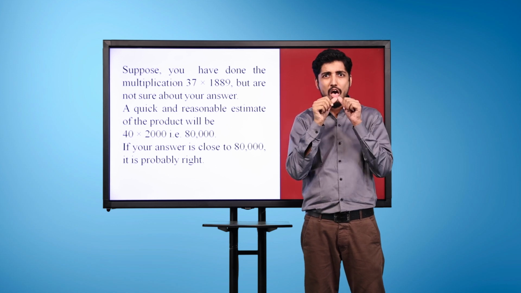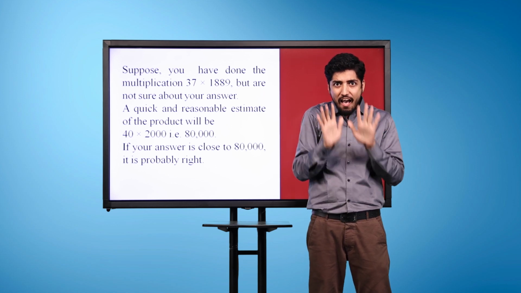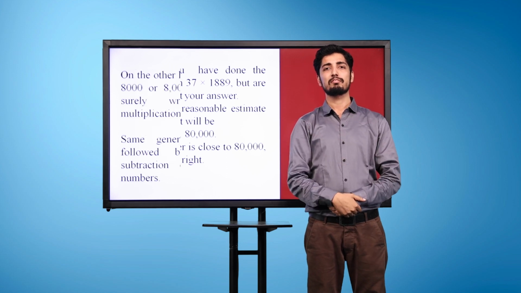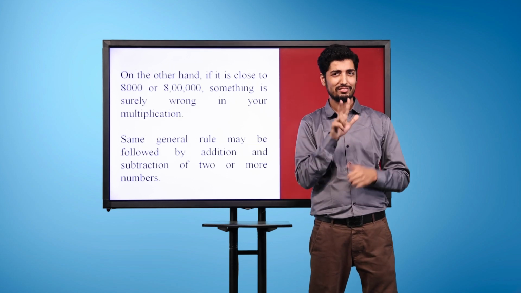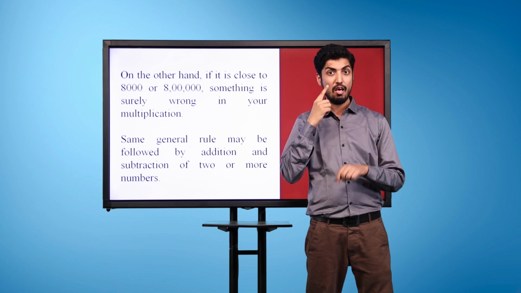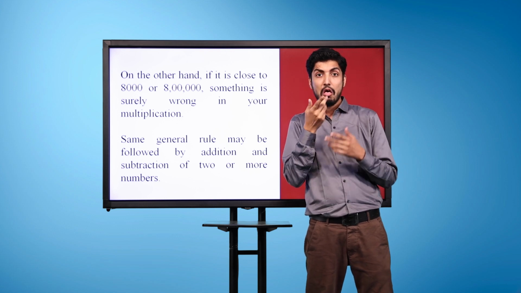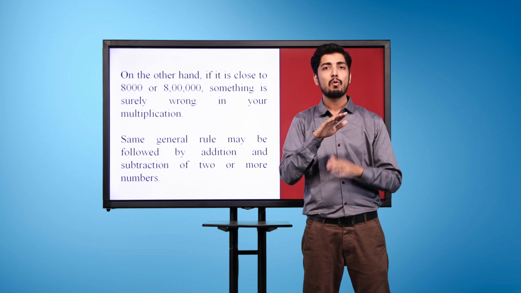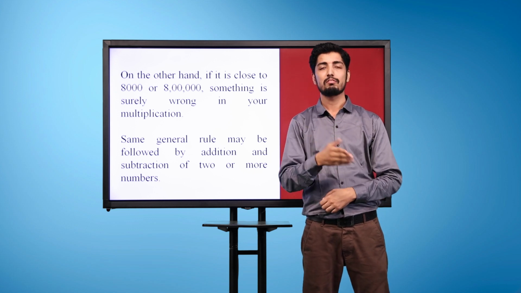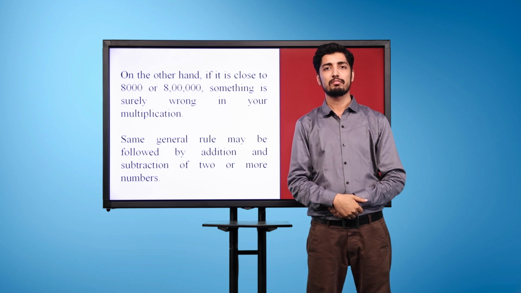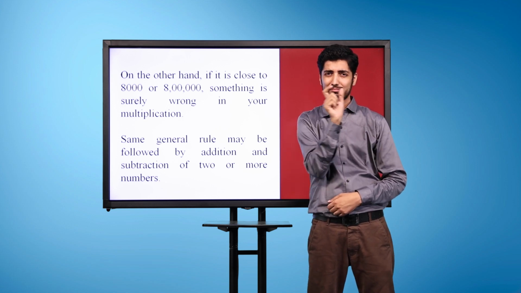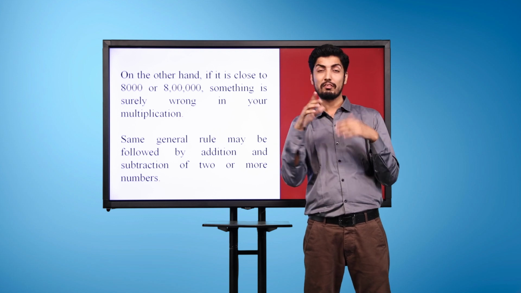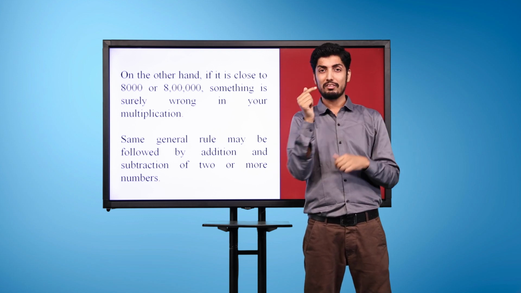If your answer is close to 80,000, it is probably right. On the other hand, if it is close to 8,000 or 8 lakh, something is surely wrong in your multiplication. The same general rule may be followed for addition and subtraction of 2 or more numbers.